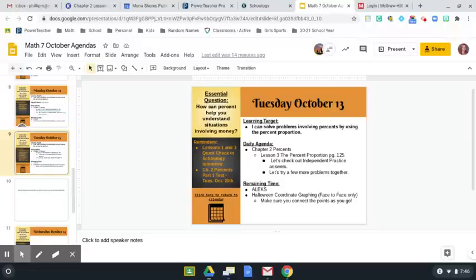Next, underneath that, Chapter 2 Percents Part 1 test, Tuesday, October 20th. So next Tuesday. I had mentioned when we first started this chapter that it is a very big chapter. There's lots of content about percents within this chapter. And so we do split it in 2 parts. And this first part is going to consist of lessons 1, percent of a number, lesson 3, percent proportion, and lesson 5, which we're going to do in the next few days, called percent of change.